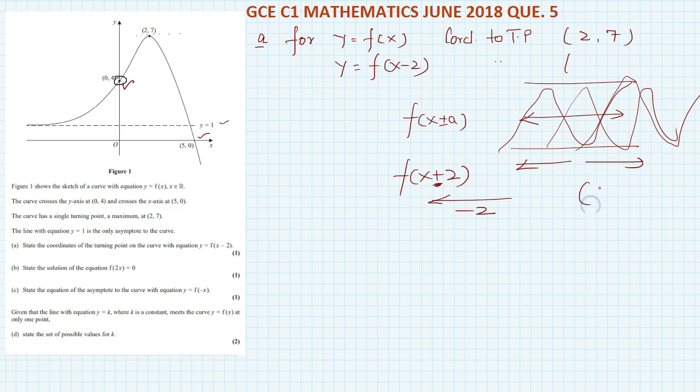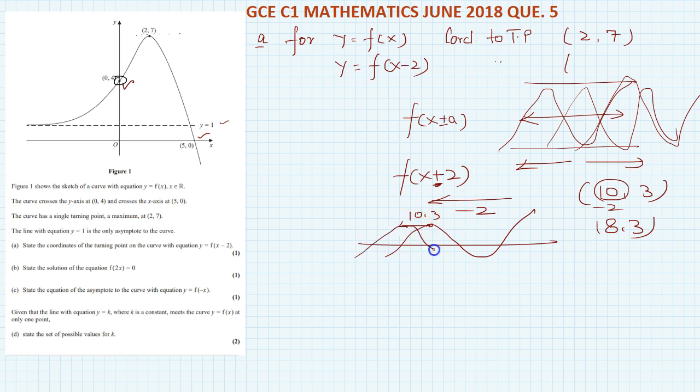So if the coordinate is, suppose, (10, 3), this will become minus 2, so it will be (8, 3). The graph will move slightly this side 2 points, so this will become (8, 3). It only affects the x-axis.